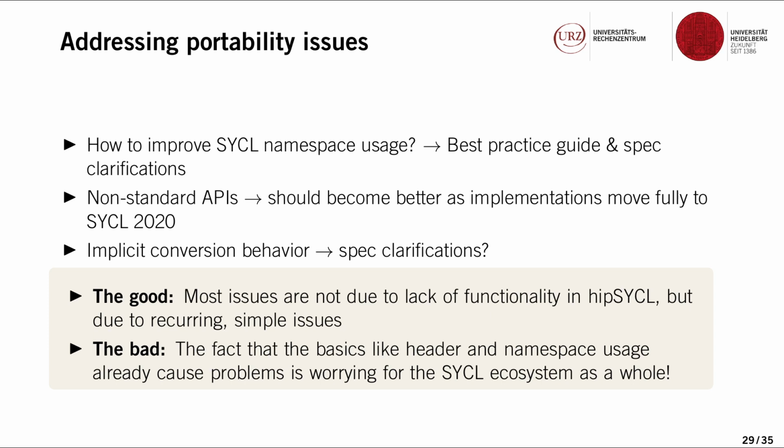Maybe specification clarifications, but those would probably be fairly massive. So overall, the good news is that most issues are not due to lack of functionality in hipSYCL, but due to fairly simple recurring issues. But the bad message is that the fact that even basics like header and namespace usage already cause issues, I think that's worrying for the SYCL ecosystem as a whole.